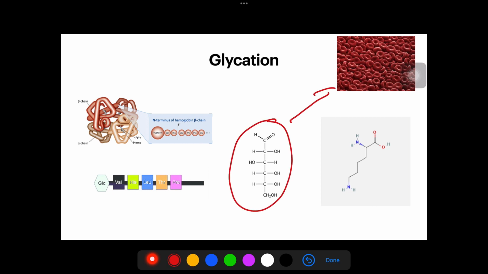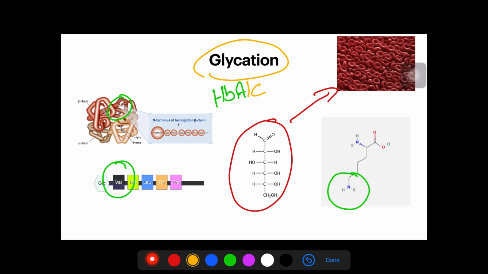Glucose, when it enters the erythrocyte, can form a covalent adduct with the epsilon amino group of lysyl residue and N-terminal valine of the hemoglobin beta chain to form a structure termed HbA1c, and the process is called glycation. It is a non-enzymatic process.